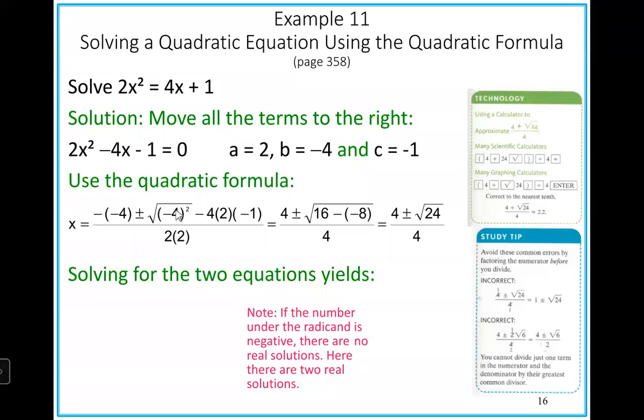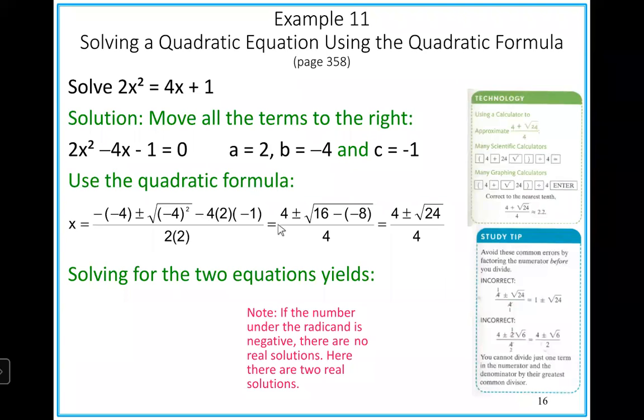They didn't put the square root over the whole thing, but the square root sign should go over the whole of this. So plus or minus the square root of -4 squared minus 4 times 2 times -1. That's 4AC, where A is 2, C is -1, and B squared is -4 squared.